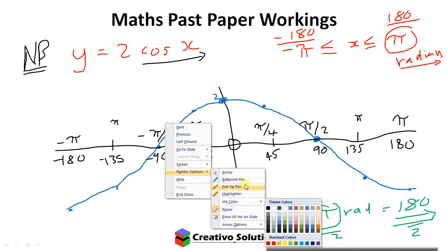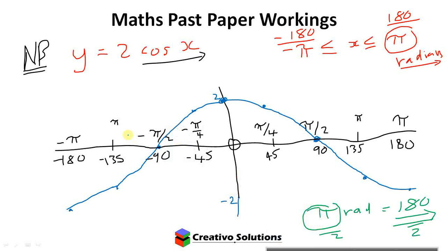Let's write it down. We know that pi equals 180. I want to know what 135 is, in radians. So if I want to take the 135, it'll be 180 over 135. 180 over 135 gives you 4 over 3.